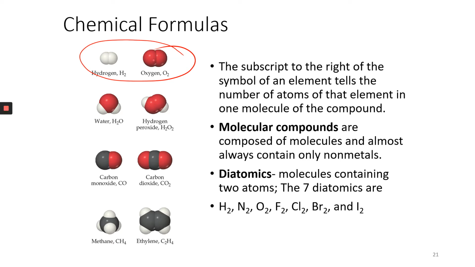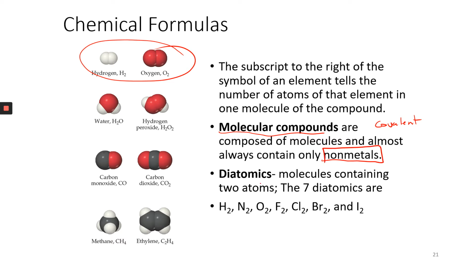These are elements, even though they are molecules. They're molecules of an element because they are two of the same exact atoms bonded together. Okay? Most of your molecular compounds are covalent. So another name for covalent can be molecular. And they contain nonmetals.